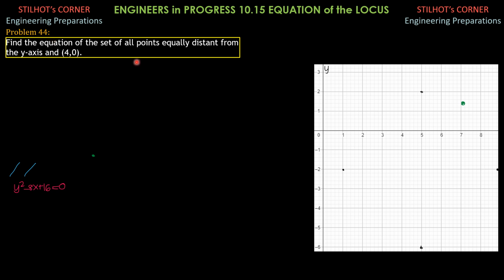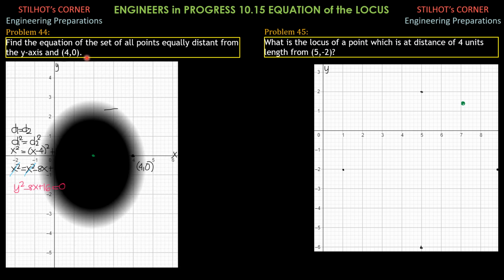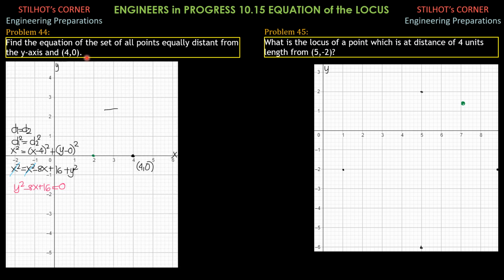So we have to draw the figure. We have the coordinate axis. By the way, this is problem 45. And let's focus first on problem 44. So we have here a given fixed point, which is (4, 0), and the y-axis, the equation of the y-axis is x equals 0.